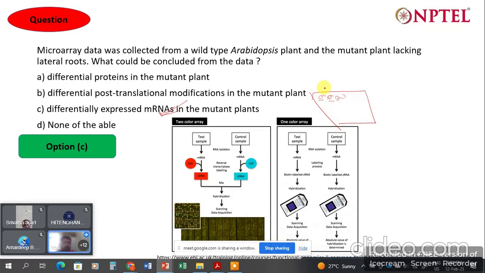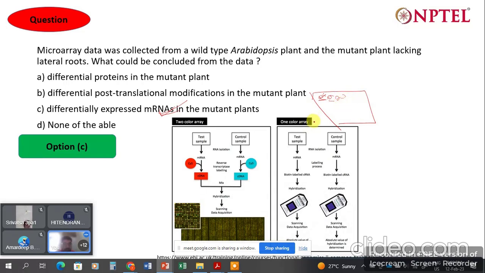So we add RNA or the cDNA, that is reverse transcribed from the RNA that we isolated from the sample, labeled with either a fluorescent dye or a labeled dye that we use in a one color array. After that, hybridization occurs between the cDNA that we have isolated from an organism or a cell and the DNA that is present in the wells on the array. So the data is then analyzed, and after that we see what differentially expressed mRNAs are present in the cell or an organism.